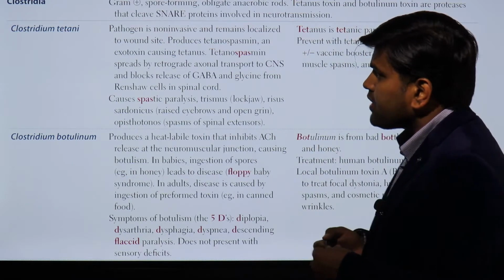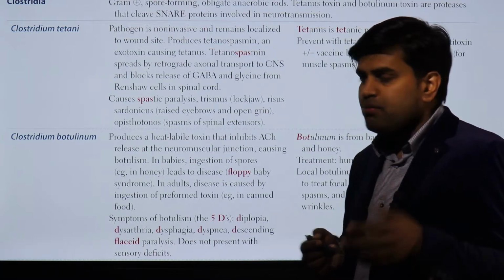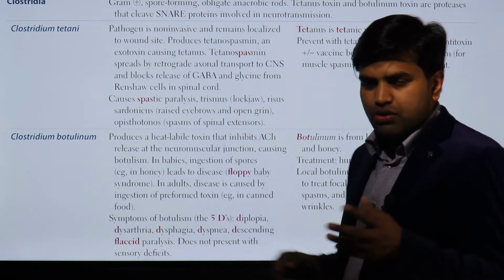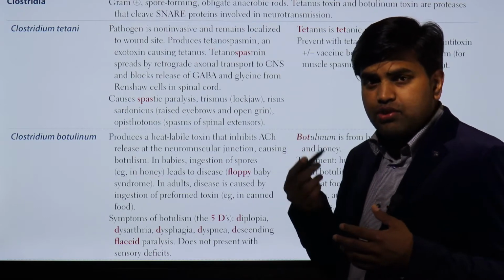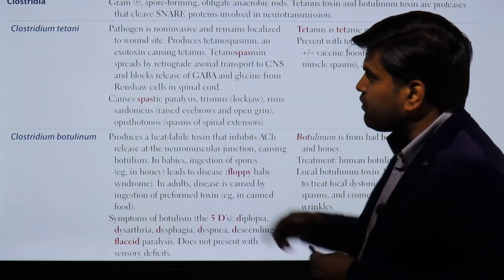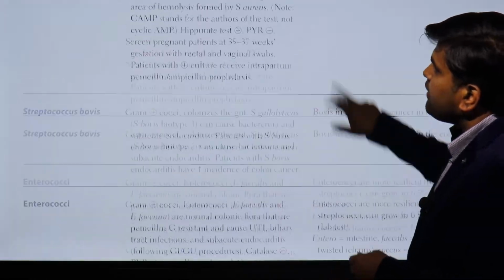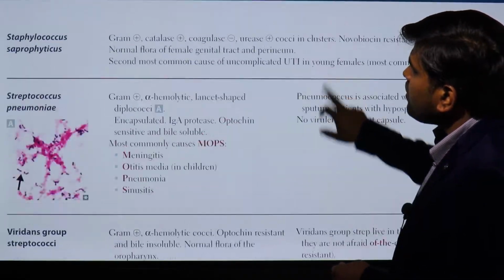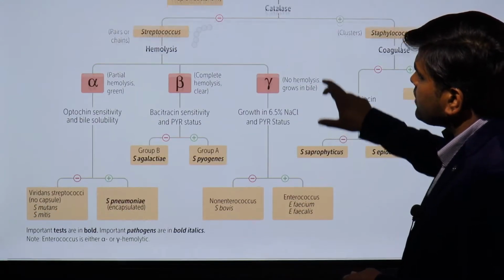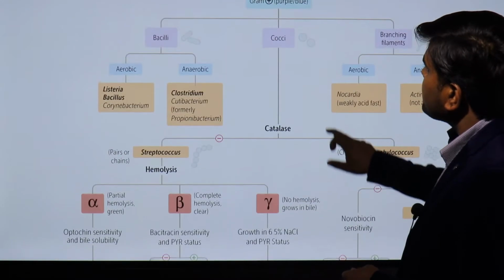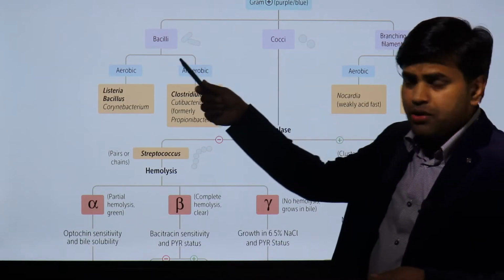The anaerobic gram-positive bacilli mainly deal with the Clostridium species. There are others as well, like Propionibacterium acnes, which is also called Cutibacterium. If you remember the tree diagram or chart from our earlier lecture, this is the gram-positive bacteria where we were talking about the bacilli.